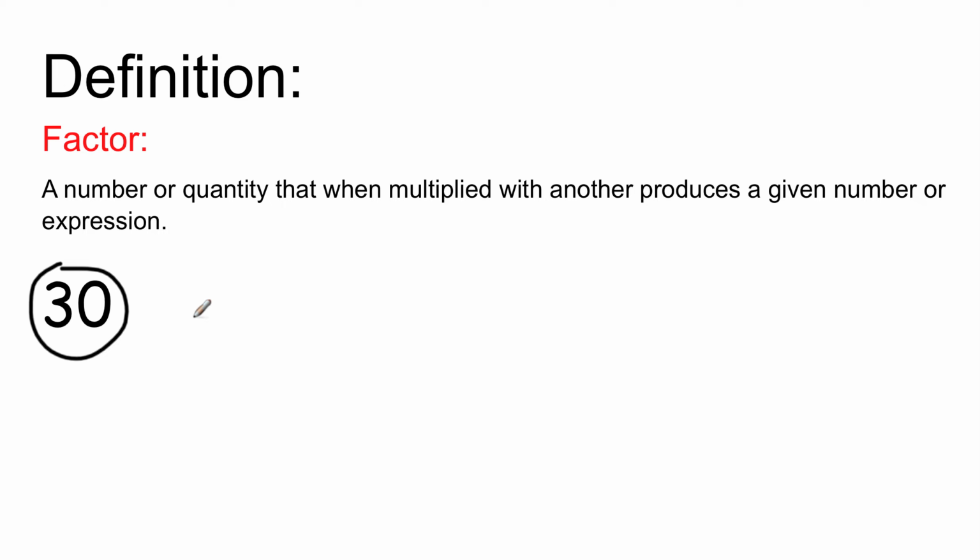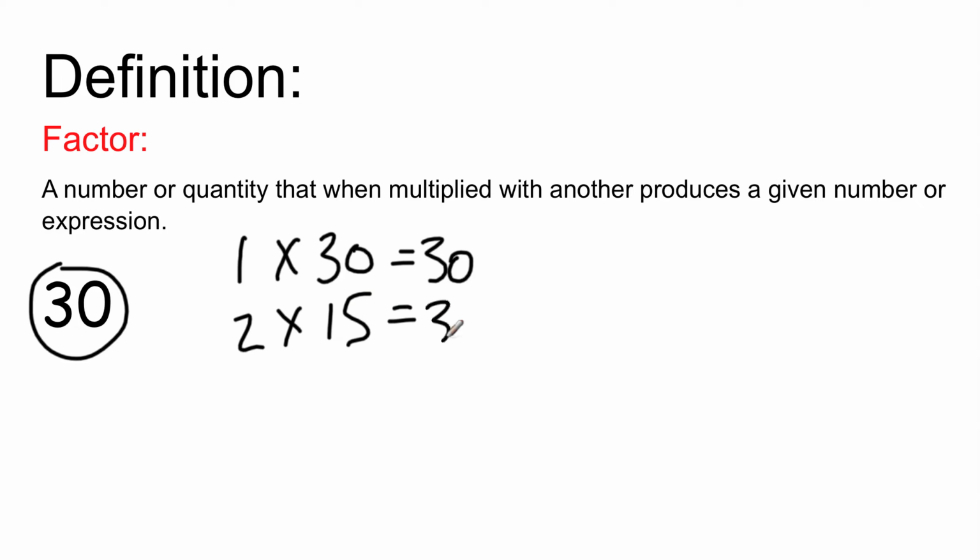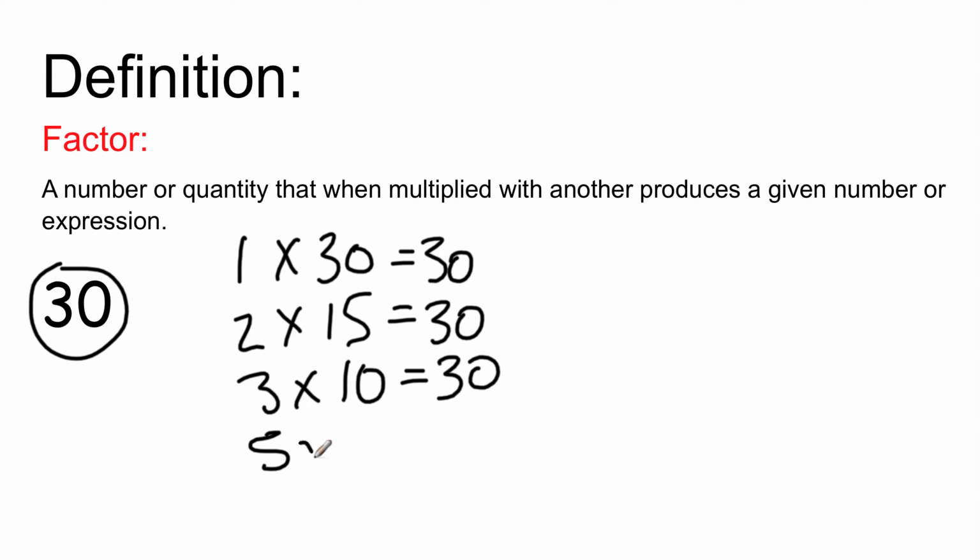Well, we clearly have 1 times 30 equals 30. How about 2 times 15 equals 30. 3 times 10 also equals 30. And finally, your friend and mine, 5 times 6 equals 30.